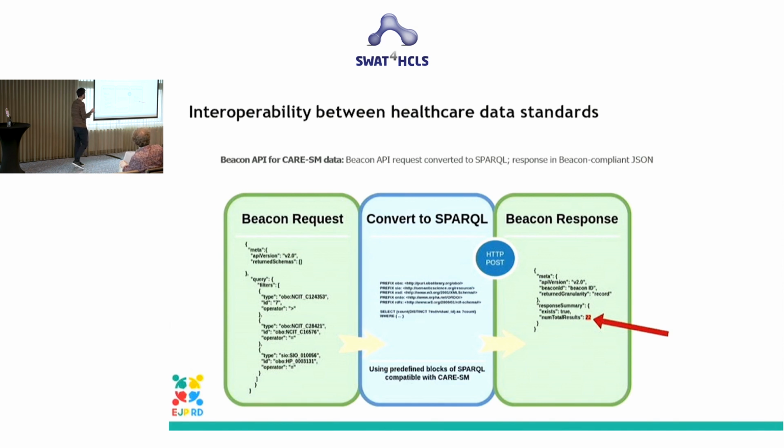So by the use of the Beacon interface, we have created a Beacon API that takes the JSON structure definition of what filters we want to use to identify and discover what data we have in our registry. This JSON structure is converted into a SPARQL query due to its reusable structure, where we can define blocks of SPARQL structure that are aligned with any data entry that we have in our registry.